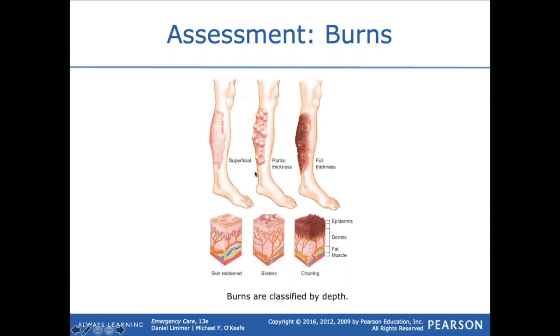A lot of times you get blistering and a lot of weeping from this area, which leads to fluid loss. And then full thickness, so third degree, you can see it's down deeper into the dermis. You can also have it as far down as fat or muscle. Charring.